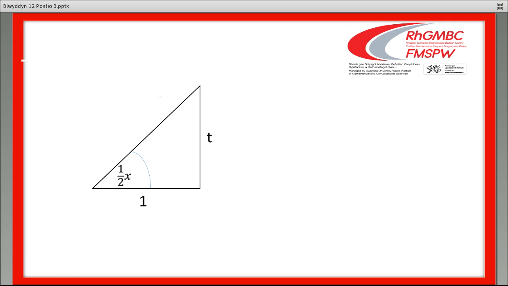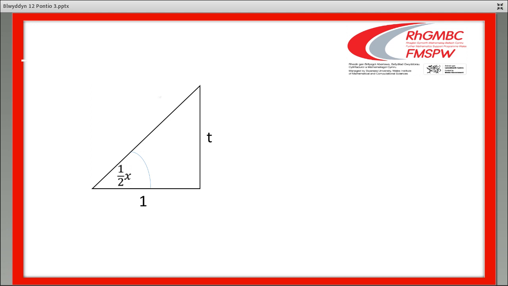It's a right angle triangle, and from the work that you did back in year 10 on trigonometry, tan is opposite over adjacent. Well, if we say that tan of half x is t, that means that the opposite side is of length t and the adjacent side is of length 1.